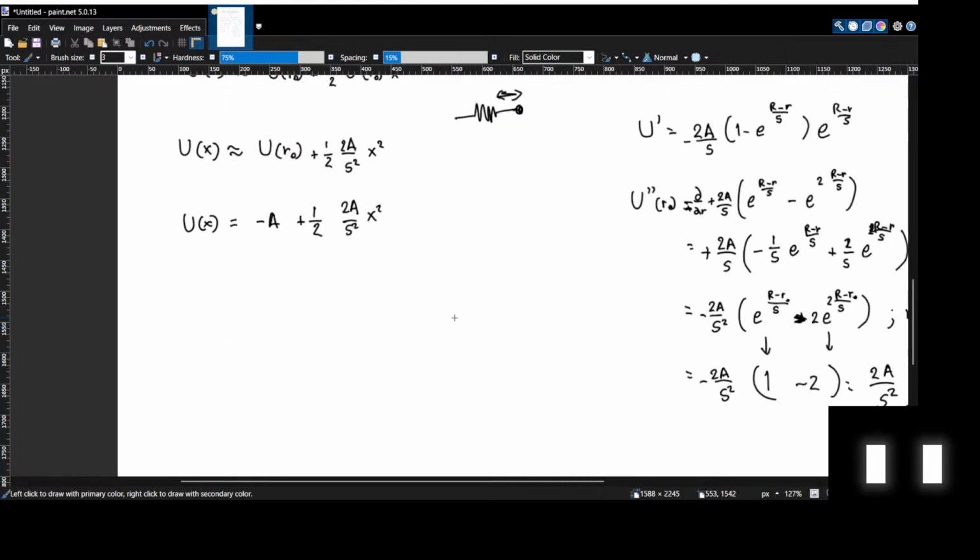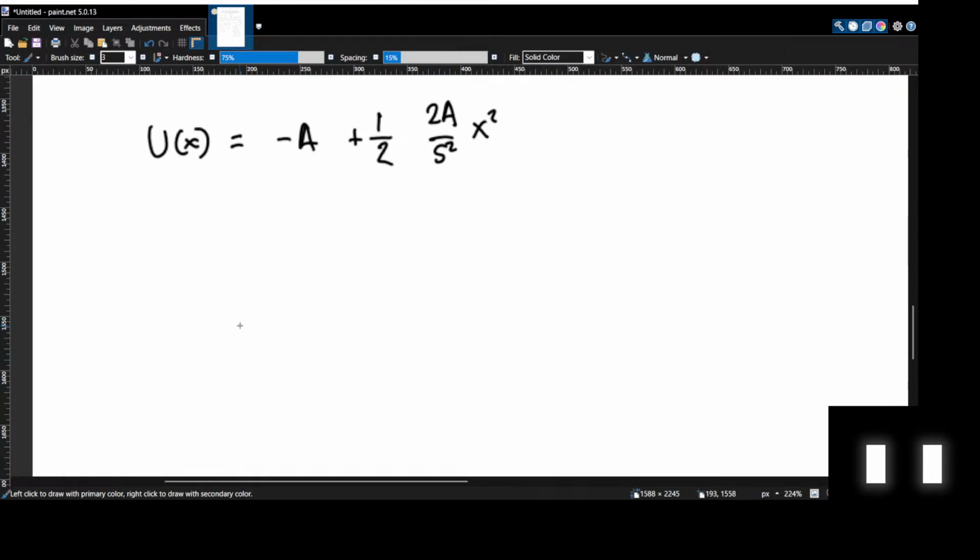So let's take the first derivative of this, and we're going to see that we have what looks exactly like a spring force. The force is going to be equal to negative partial derivative of U. Of course, it depends on the degree of freedom. Before this, I used derivative by x. Before this, I used derivative by r. In this case, we use derivative by x now.